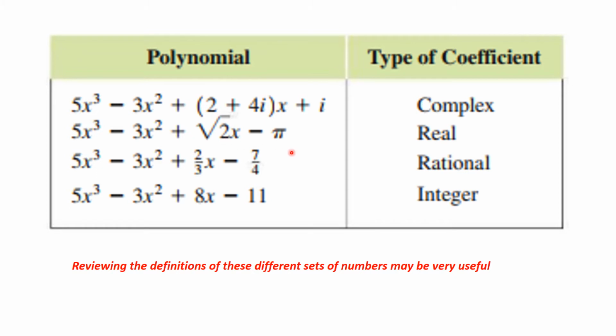The square root of 2 is irrational and pi is irrational. And here you have rational coefficients. Each of these is a rational number. And down here you have integer coefficients. Since the theorems deal with these kinds of numbers, it matters. And so reviewing the definitions of these different sets of numbers would be very useful for you as you go forward.